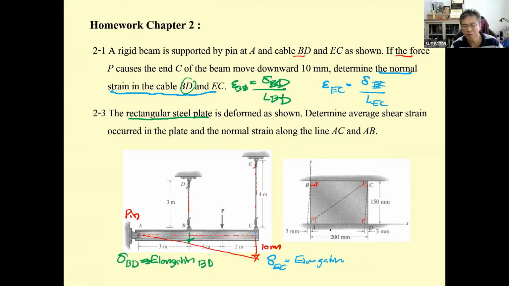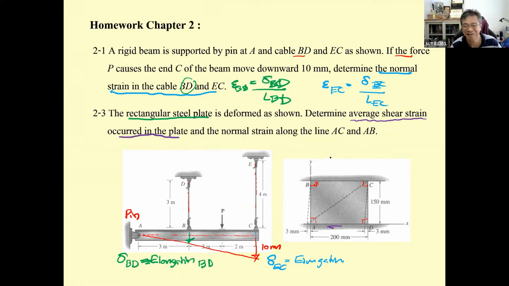Due to the force, I believe the force, they didn't show the force, but I believe the force will move in this direction. So the rigid line over here will move to the dashed line, and they ask us to determine the average shear strain occurring on the plate.